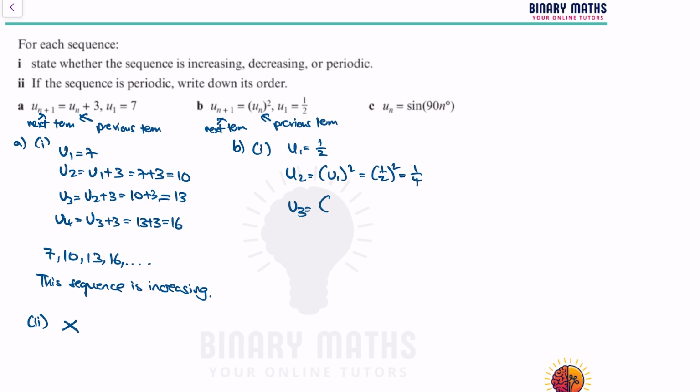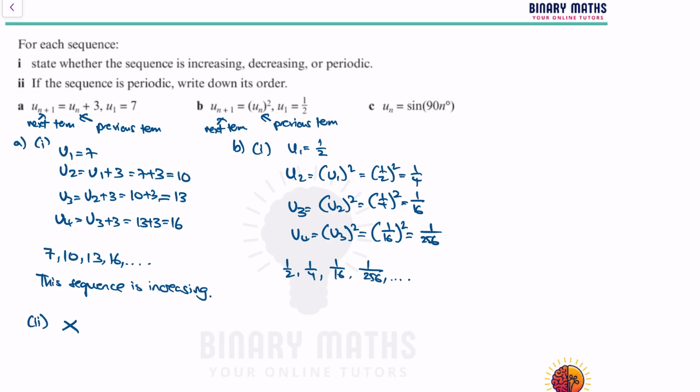U3 is equal to U2 all squared, which is equal to a quarter all squared, which is 1 over 16. And U4 will be equal to U3 all squared, which is equal to 1 over 16 all squared, which is 1 over 256. So our sequence is a half, a quarter, 1 over 16, 1 over 256.